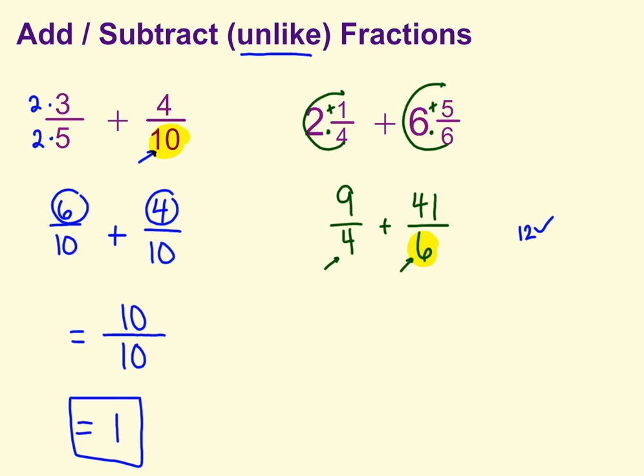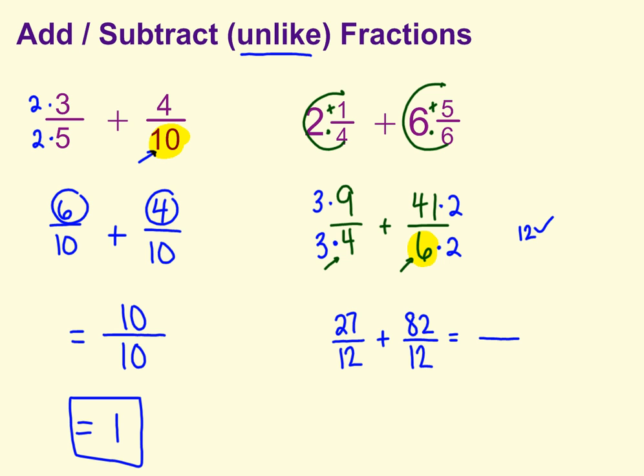So how do we get the 4 up to a 12? We can multiply that by 3, top and bottom multiplied by 3, so we end up with 27 over 12, plus, now 41 over 6, we have to multiply our 6 by 2, and the top by 2 to get that 6 up to a 12. We get 82 over 12.